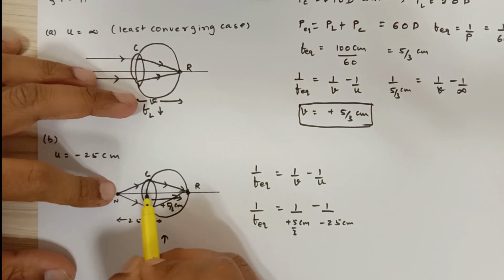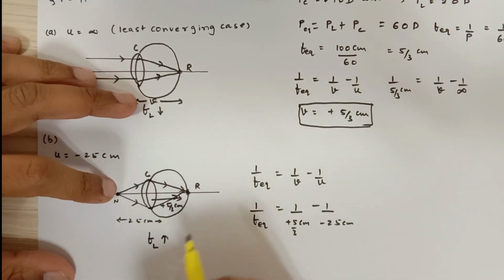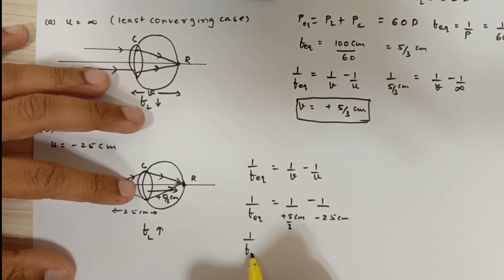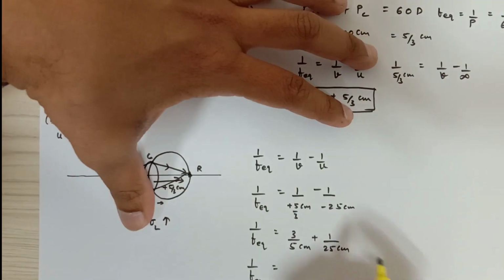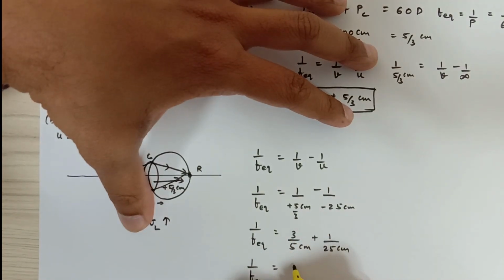The object is in front of the lens, opposite to the incident ray, so negative. Please don't make any error in the units, it can be a bit confusing. I am multiplying up and down by 5, so 15 by 25 centimeter plus 1 upon 25 centimeter. So my answer, 1 upon f equivalent, is 16 by 25 centimeter.